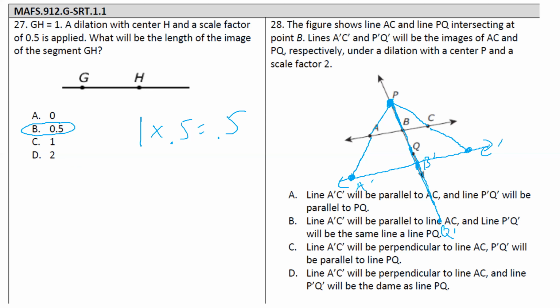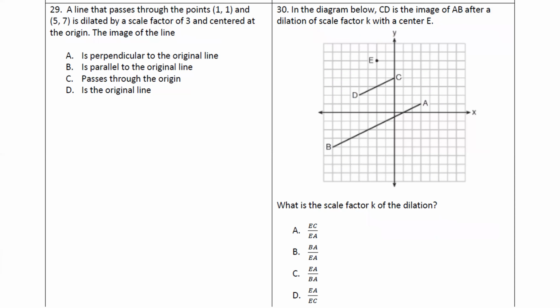Well, AC is parallel to A prime, C prime. Let's see, where is it? That's going to be option B. And then PQ will be the same line as PQ. So B is the only one that fits. Yeah, it helps to draw it out. And the rough sketch is okay.